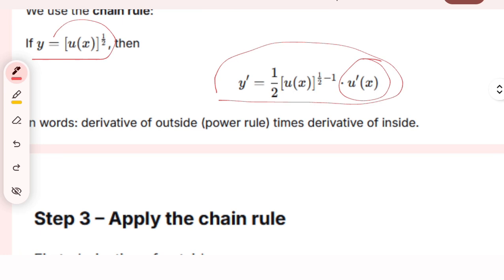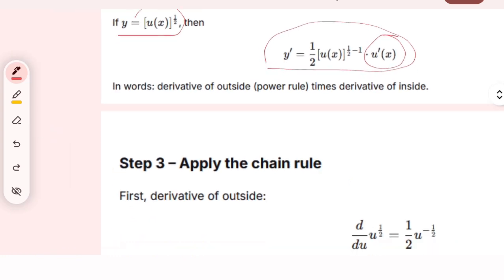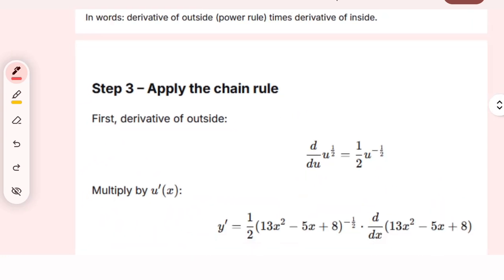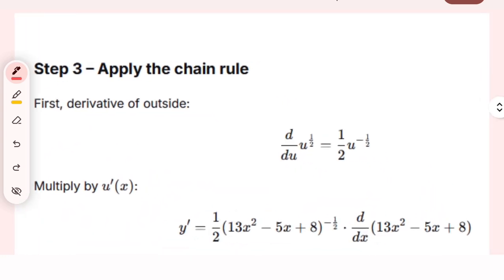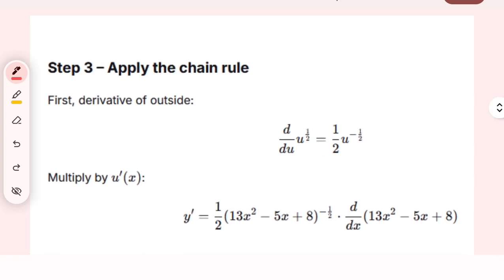That is because we will be taking derivatives of the inside. So we will now apply the chain rule. We will first take the derivative of the outside. So the outside is actually u to the power of 1/2, right?